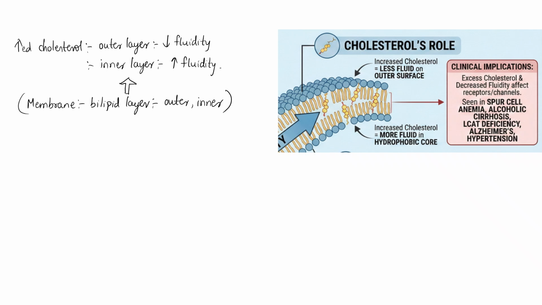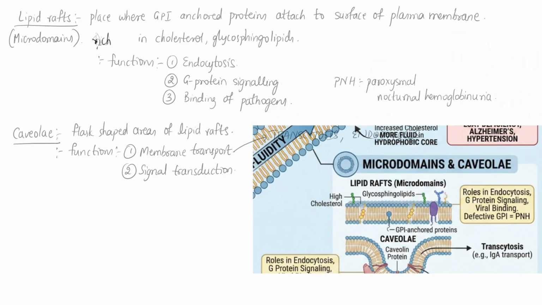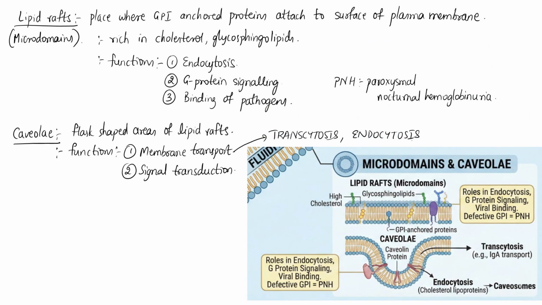Then coming to the next one, that is microdomains and caveolae. What are microdomains? We already know in the earlier part of the video, we have learned about GPI anchored proteins. Wherever these GPI anchored proteins are bound to the surface of the plasma membrane, those areas are called lipid rafts or microdomains.